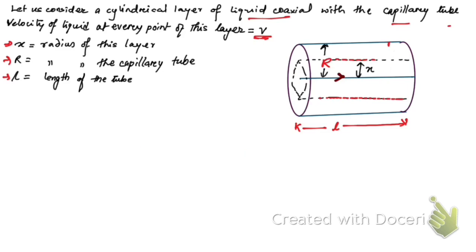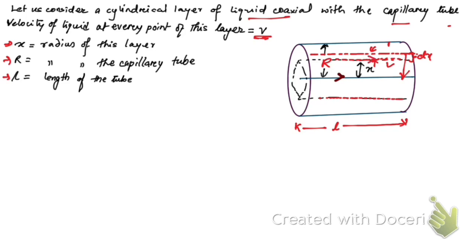Let me explain it again. At every point the velocity of liquid is suppose v, and I have considered another layer just above this layer, at radius x plus dx. The velocity difference between the two layers is dv.